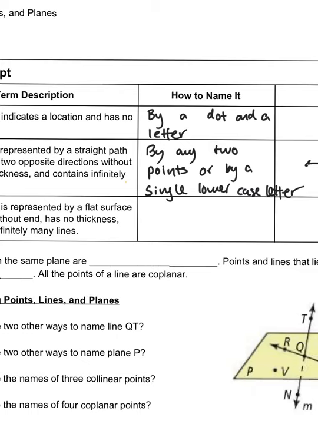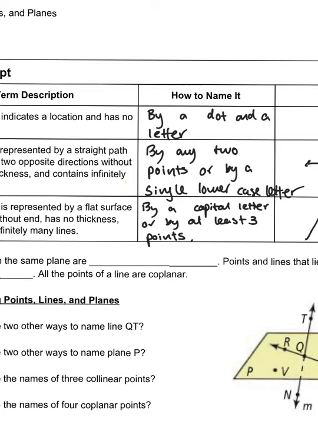We name a plane by a capital letter or by at least three points that are in the plane, but they don't lie on the same line, and this is what I'm talking about.